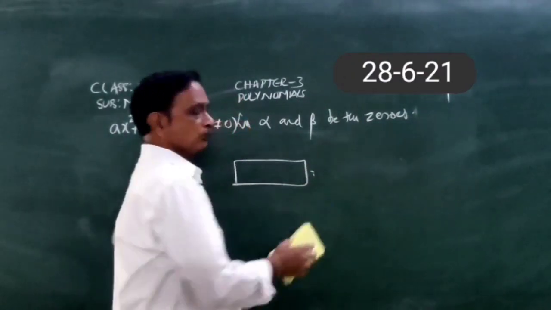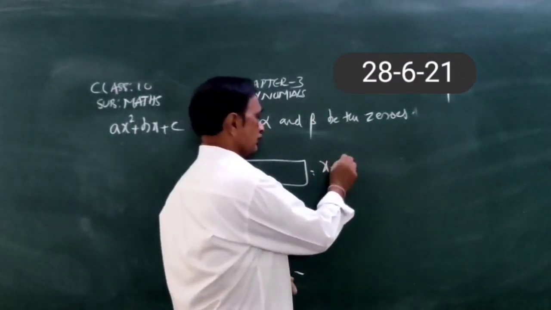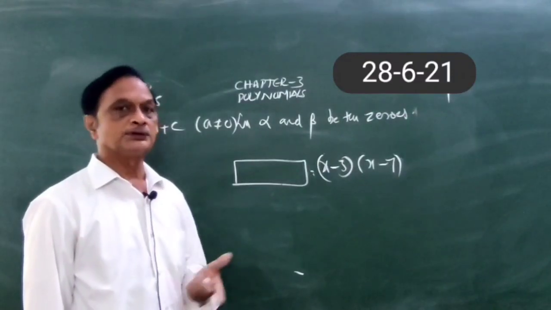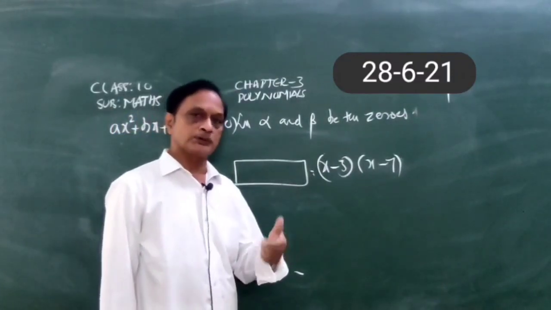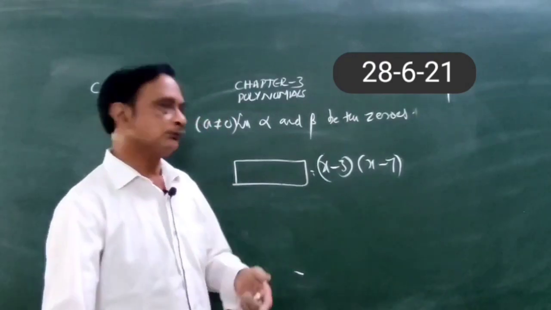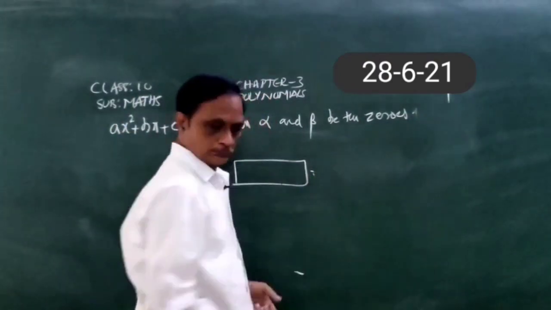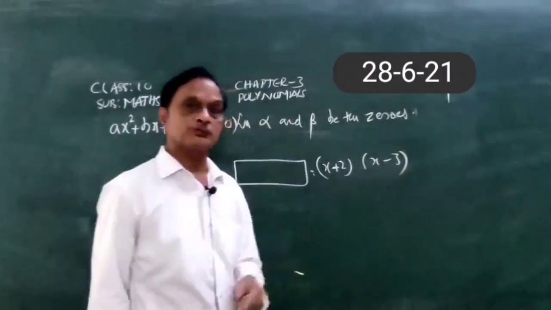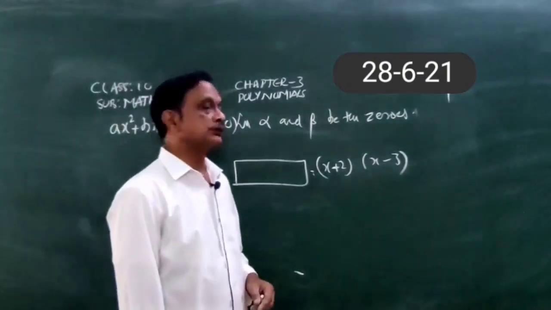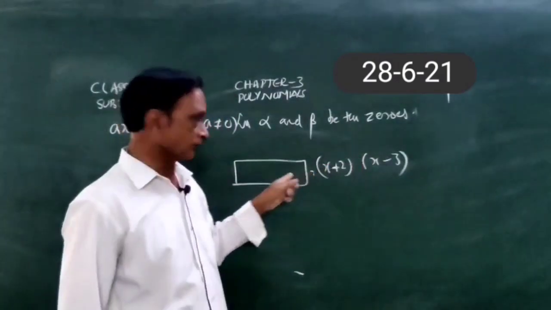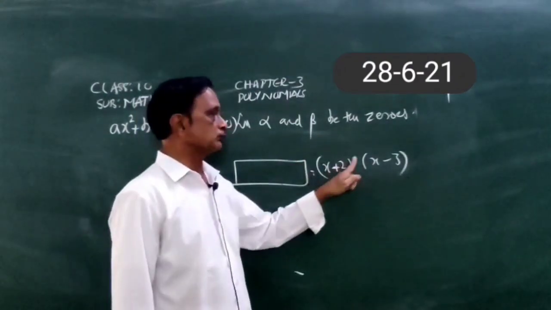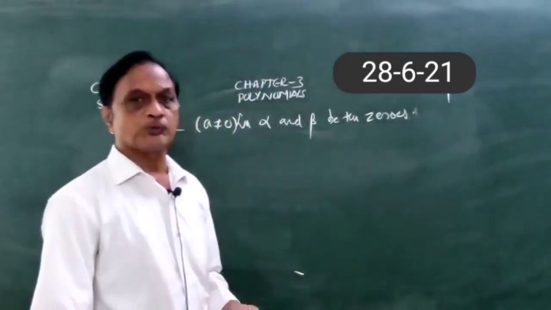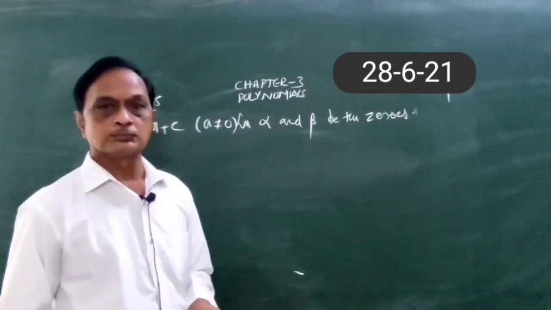Suppose the polynomial is factorized as x minus 3 into x minus 7, we get the zeros 3 and 7. Suppose x plus 2 into x minus 3, we have the zeros minus 2 and 3.